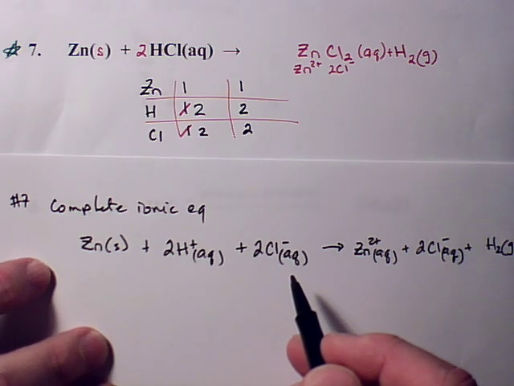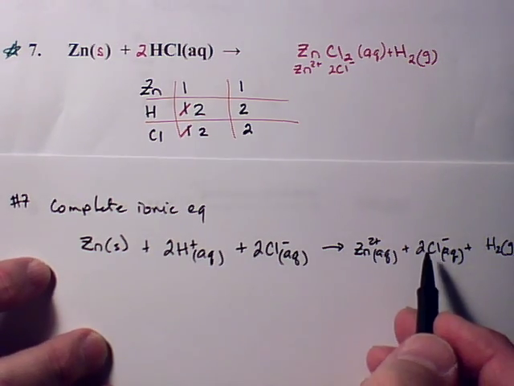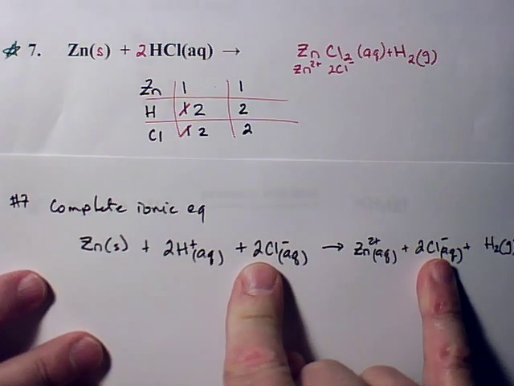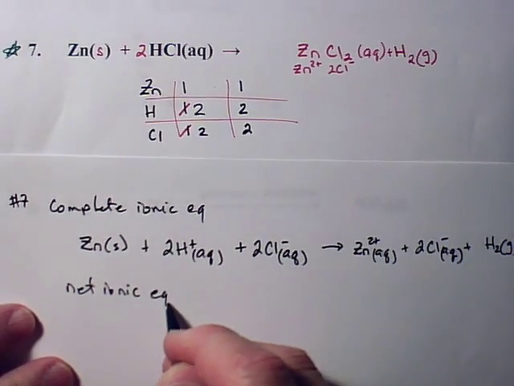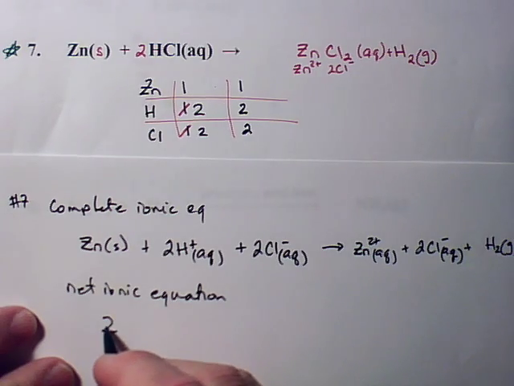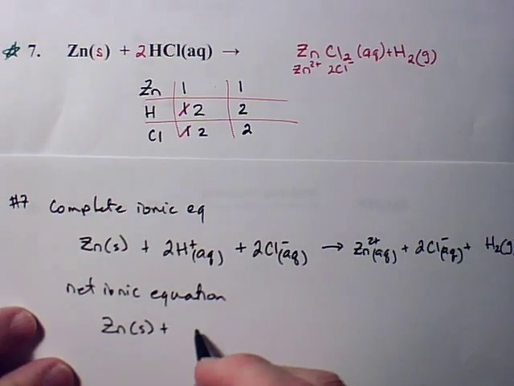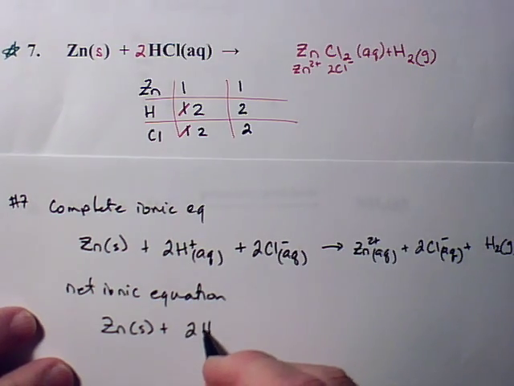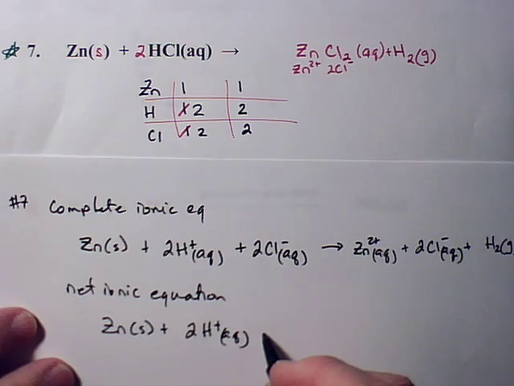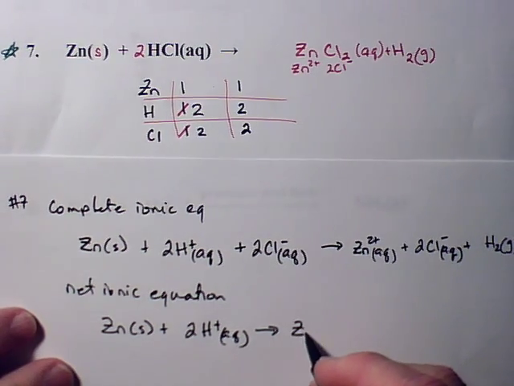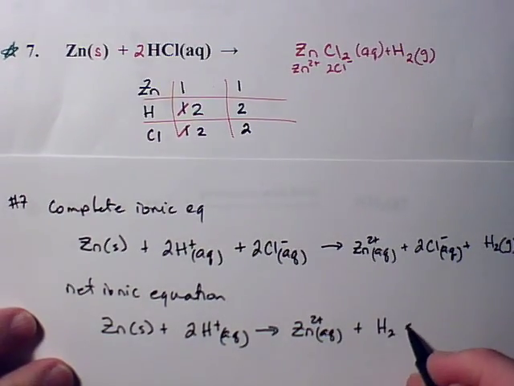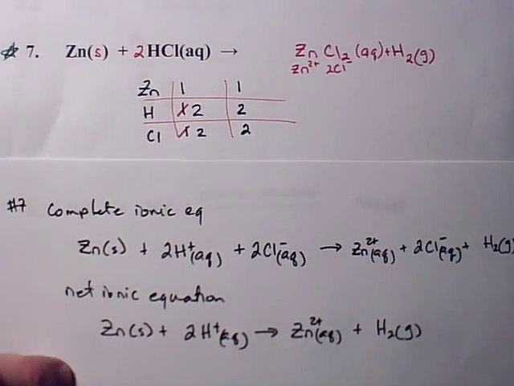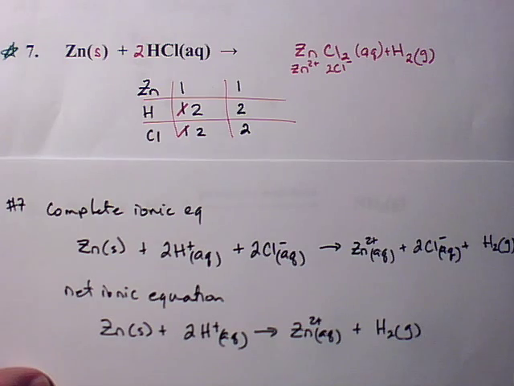And when we write down only what remains after we get rid of the spectators, so the only spectators are these chlorides really, we've got a net ionic equation where we have zinc and we have 2 hydrogen ions, and over here we've got zinc ion, and we've got H2. Okay? Does that make sense? All right.